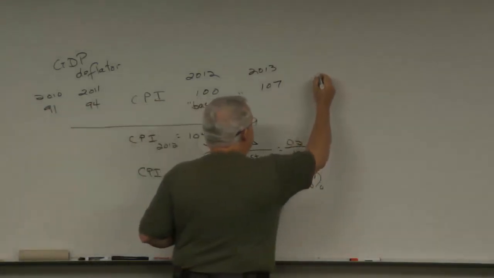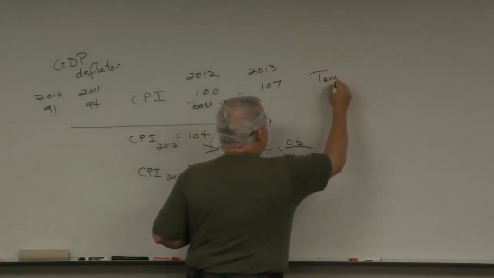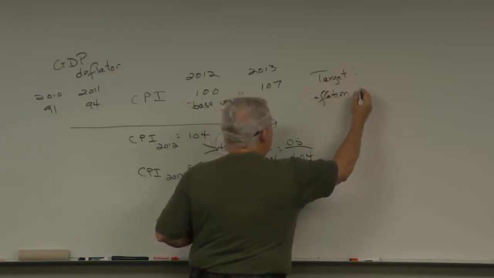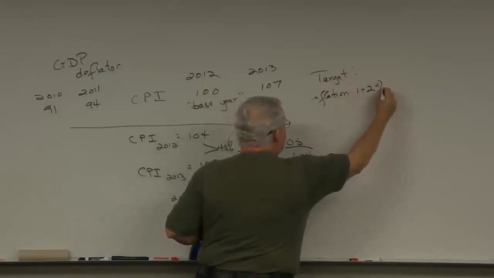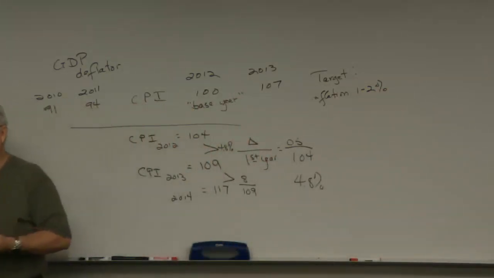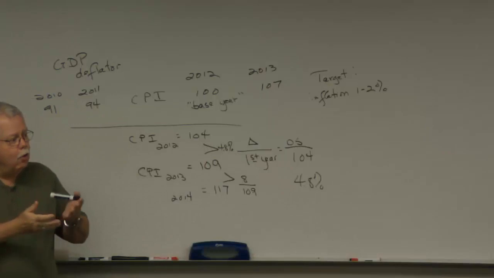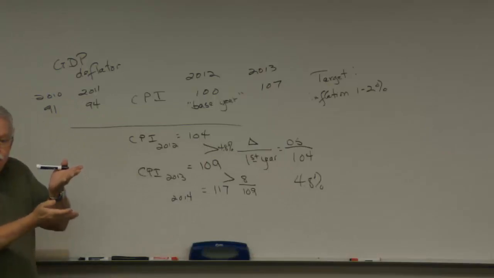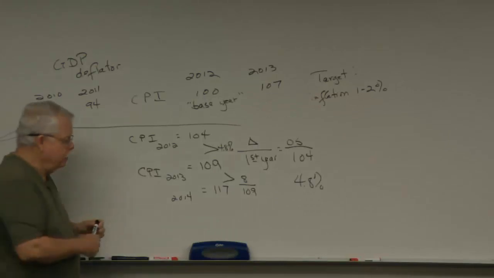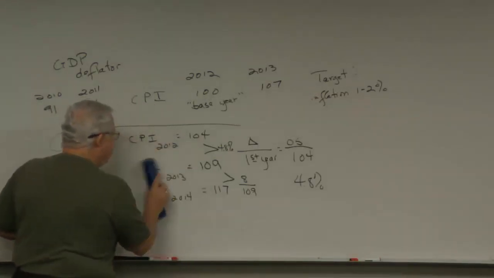Ideally, as a target, we'd like to keep the rate of inflation somewhere around 1 to 2% per year. We want to allow a little inflation in the system. This allows prices to go up and wages maybe not to go quite as much up, and so you get a little bit of downward pressure on wages, which can be helpful to the economy.